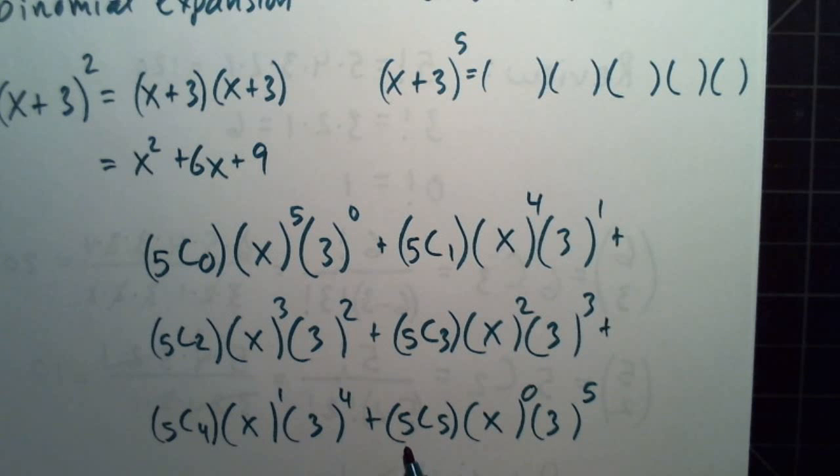And then remember that each of these, 5 choose 5, 5 choose 3, these are all the factorial formulas.